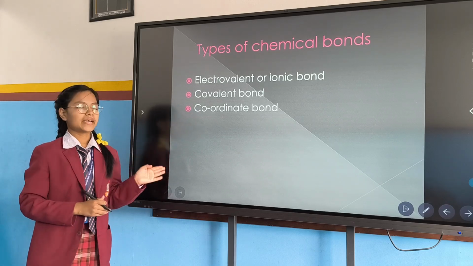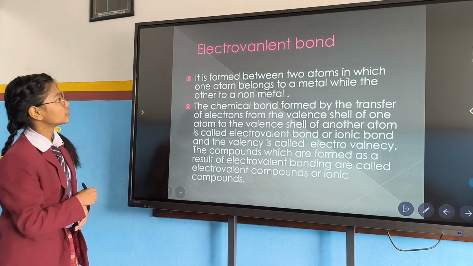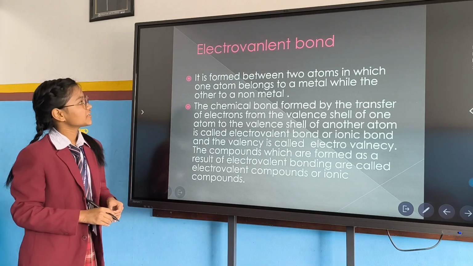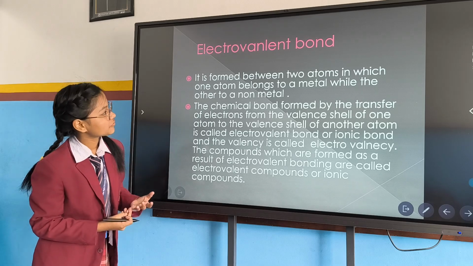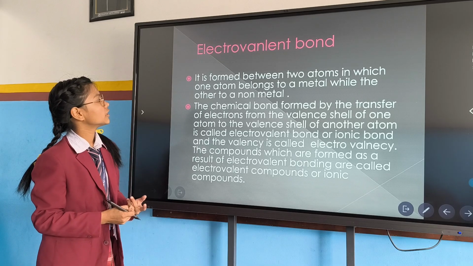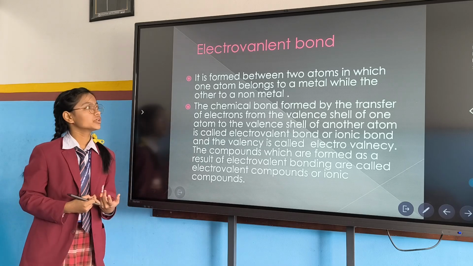So in my turn today I am going to explain about the electrovalent bond. So an electrovalent bond is formed between 2 atoms in which one atom belongs to a metal while the other belongs to a non-metal.